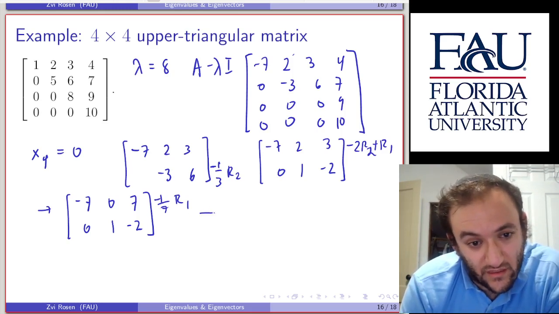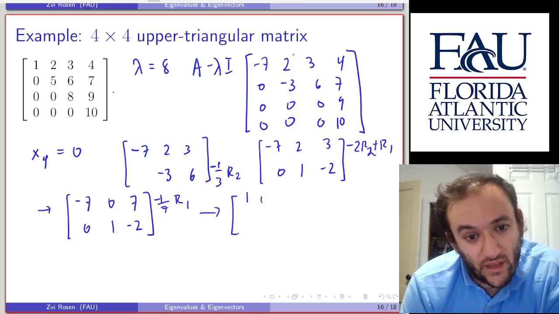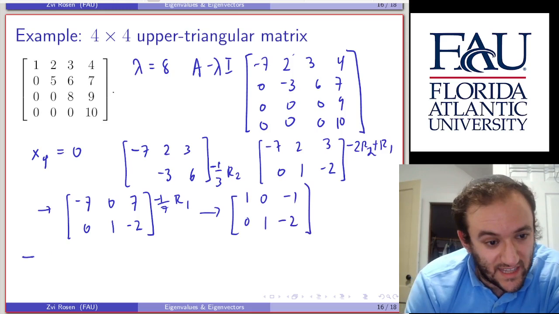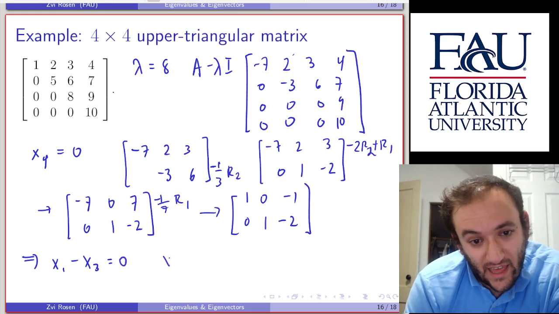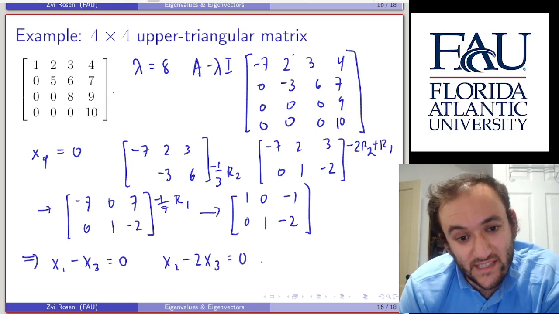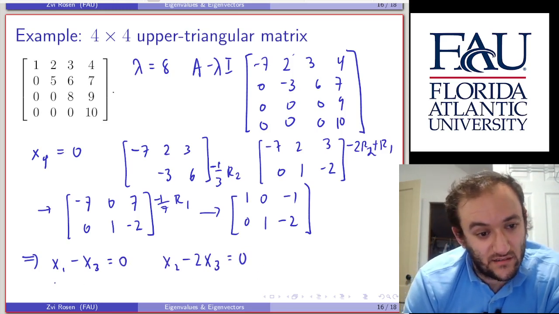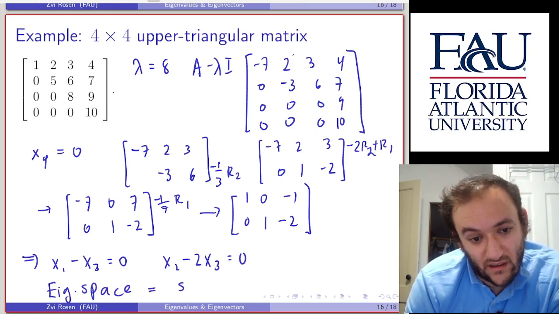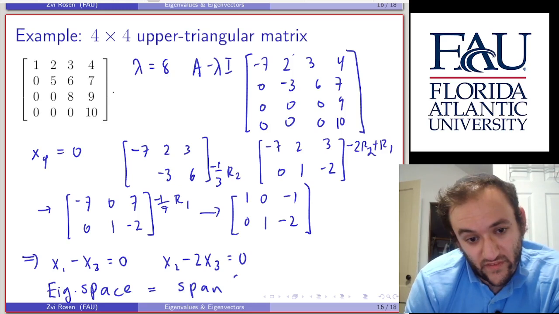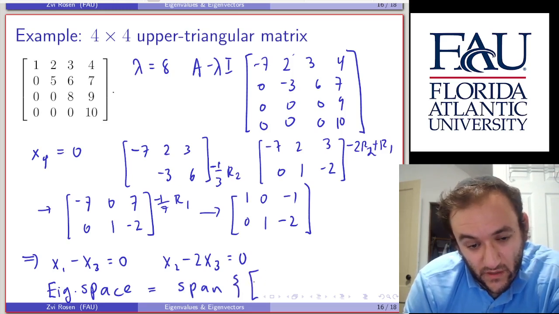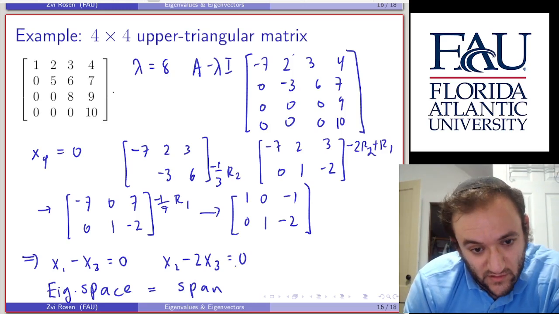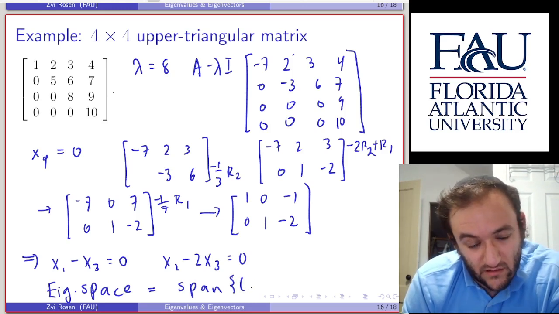So we're left with 1, 0, minus 1, 0, 1, minus 2. And in terms of our equations, that tells us that x1 minus x3 equals 0, and x2 minus 2x3 equals 0, which means that our eigenspace is equal to the span of a vector of the form, specifically, I'm going to write it in comma notation.